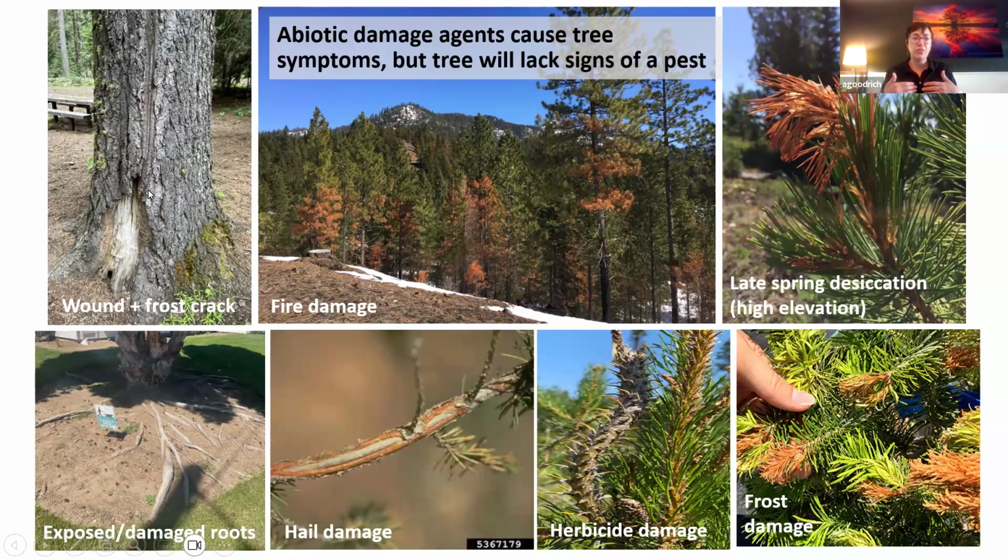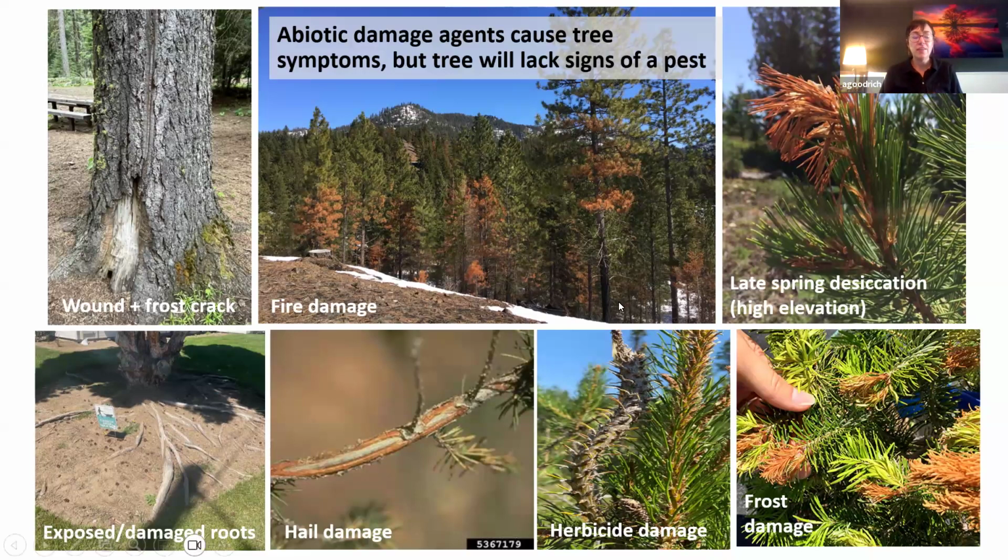That happens when it's cold enough to cause a crack in the bark and in those outer cells, but it's also due to that fluctuation of temperature, right? Because we usually see those frost cracks on south or west facing sides of a tree. So it means it was sunny and warm enough over there, and then it got really cold, and that abrupt temperature change could cause that crack.